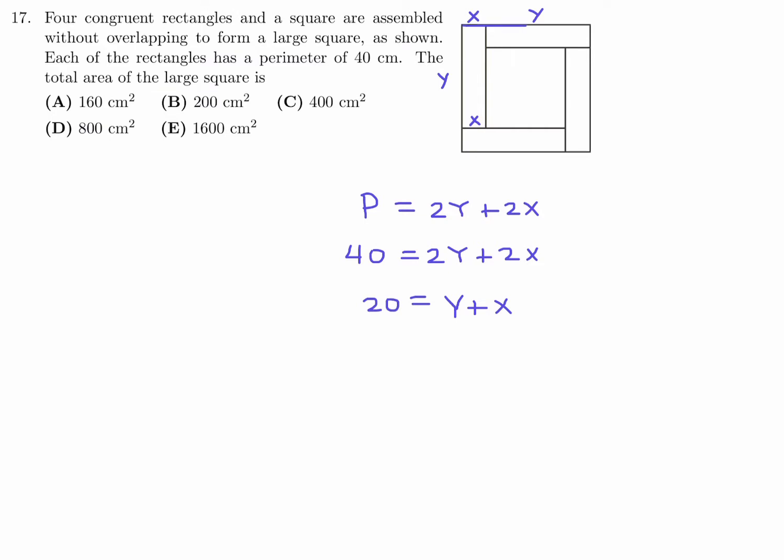Well, the area of the large square is just going to be x plus y times x plus y, right? Because from here to here is x, and therefore this whole side is x plus y. So the area of that big square is x plus y all squared, and x plus y is 20, so it's just 20 squared. So that is 400. So number 17, the answer is C.